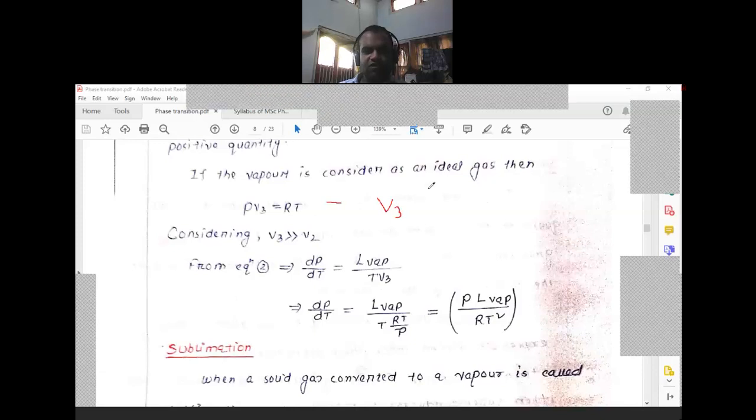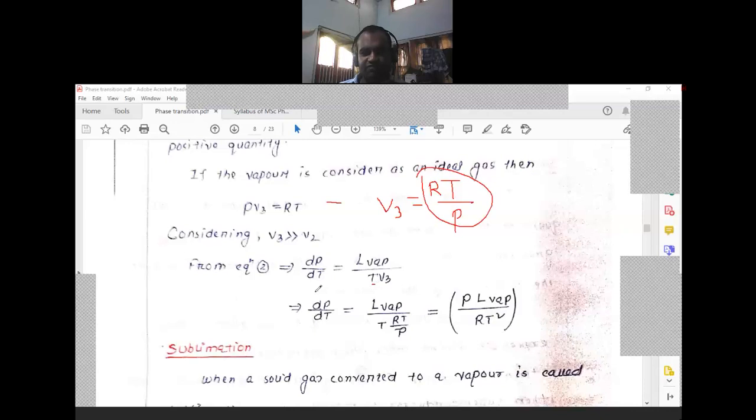So dp over dt is equal to L_vap divided by T V3.